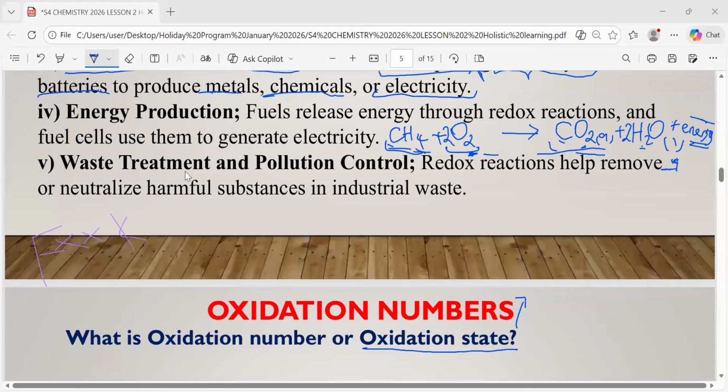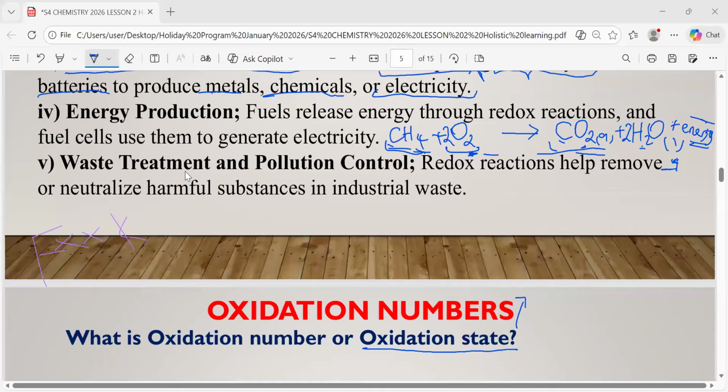Do you recall the reactivity series? Yes. The arrangement of metals in the order of their reactivity. Now, when we talk about a displacement reaction, it is a reaction in which the metal which is more reactive displaces another metal in the compound, which is less reactive than that metal.